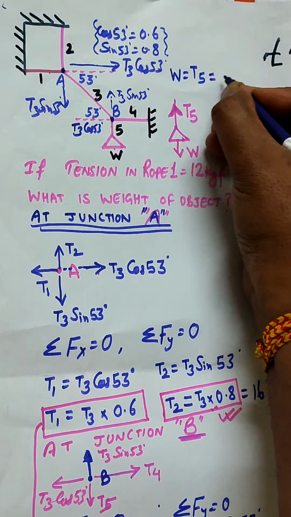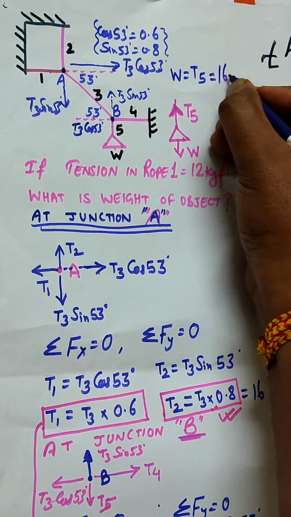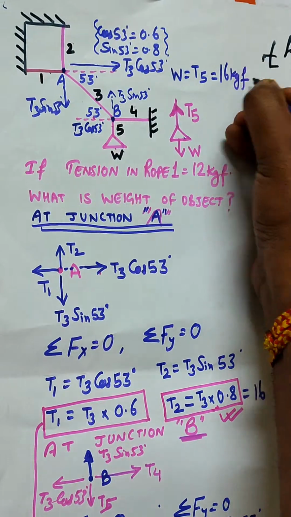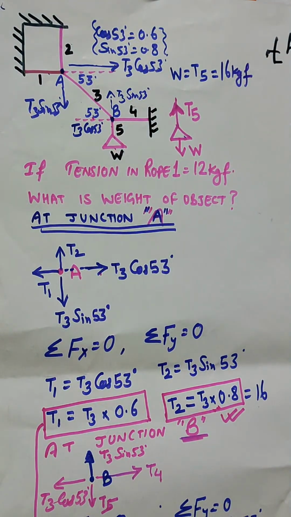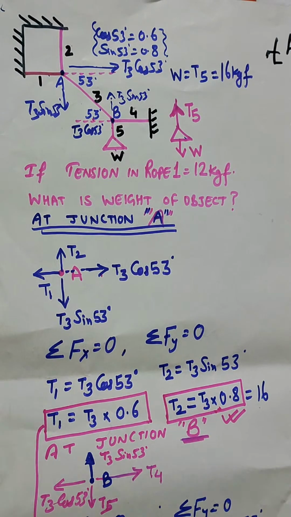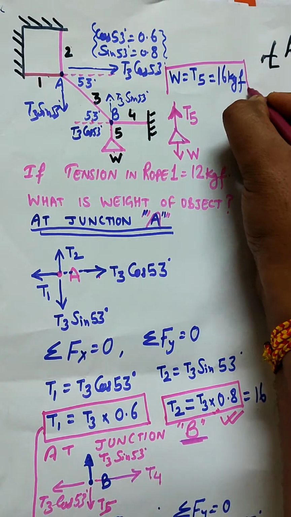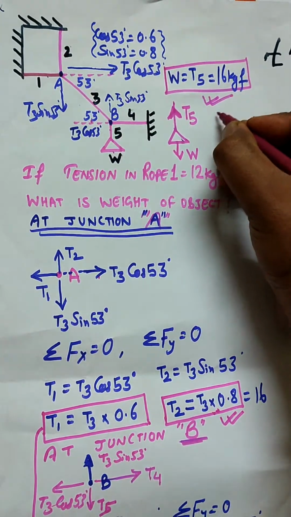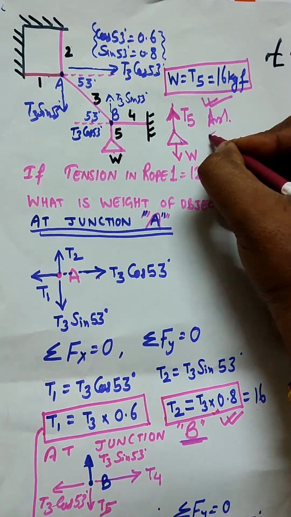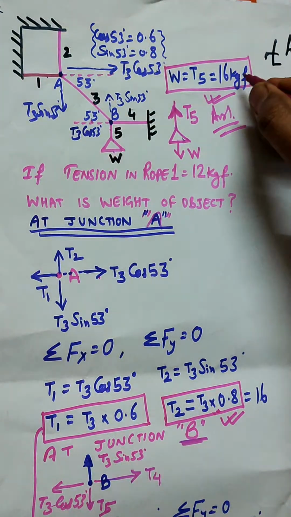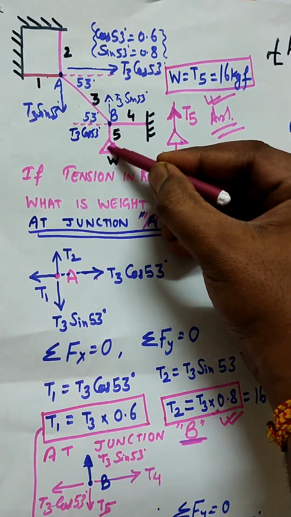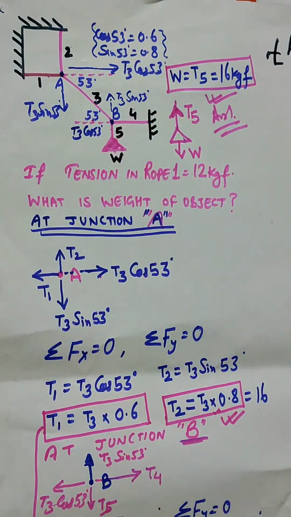So we can say that 16 kgf is the weight. The weight of the body is 16 kgf, and this is our answer. 16 kgf is the suspended weight which is calculated.